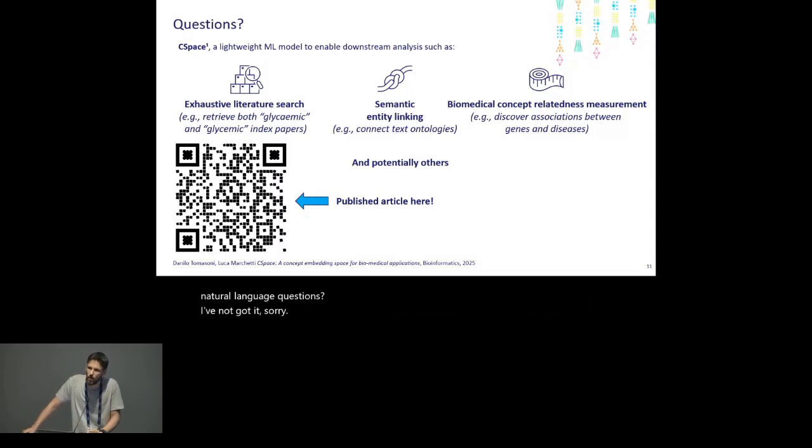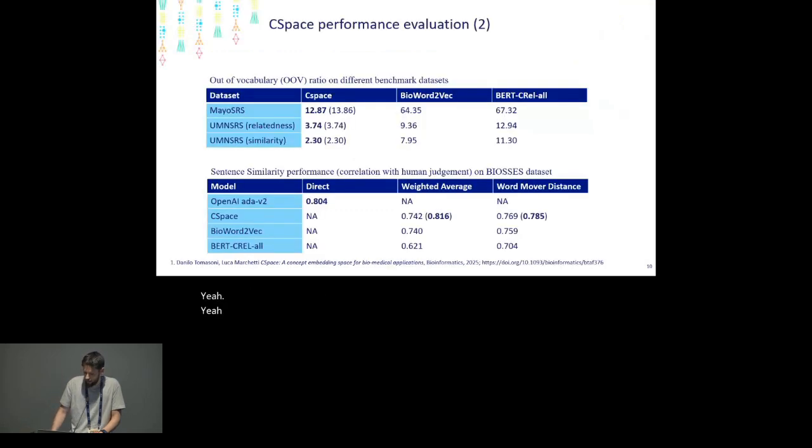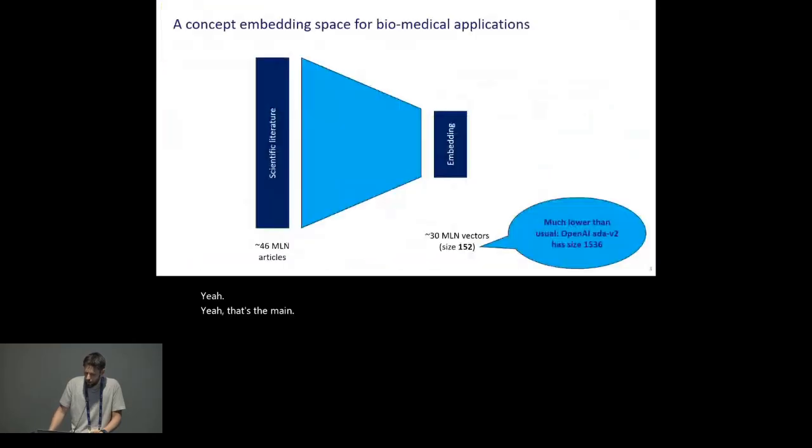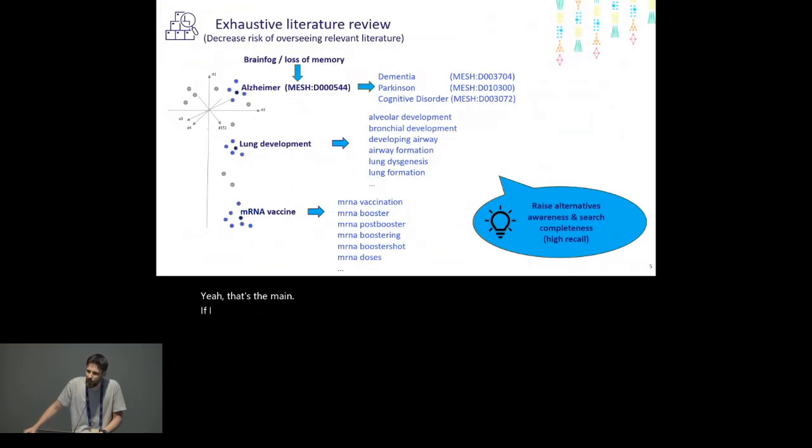So the literature search that you can do with embeddings using these keywords, you can also do it with natural language questions. Have I tried that? Sorry, I have not understood. So if I've tried using these keywords to enhance my search, no.